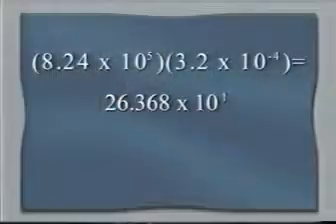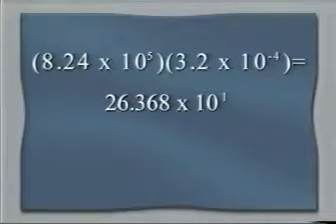First, we write it in scientific notation form. 8.24 times 10 to the 5th times 3.2 times 10 to the negative 4th. Multiplying 8.24 times 3.2, we actually get 26.368. And multiplying 10 to the 5th times 10 to the negative 4th, keeping the base and adding the powers, we get 10 to the 1.